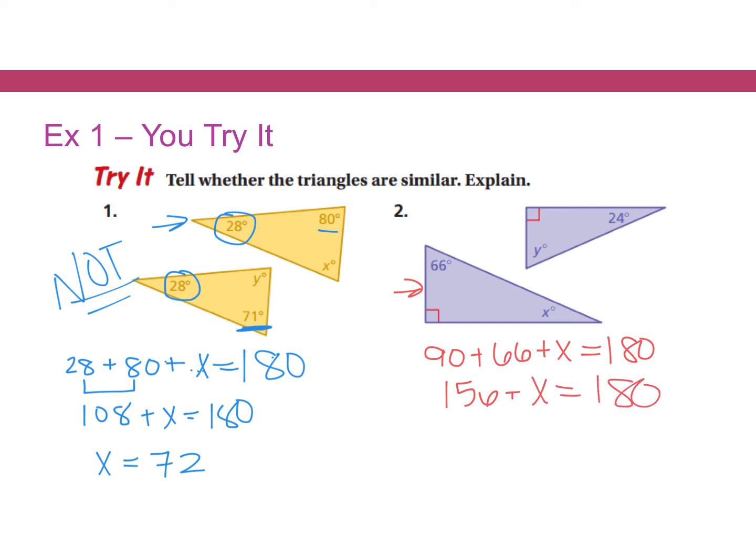When I subtract 156 from 180, I get X is equal to 24 degrees. In this other triangle, I've got the 90 degree angle here and I do have a 24 degree angle, and that tells me that my X and my Y are going to be the same. So these two triangles are similar. I'm just going to write yes on this one. Now for example 2.